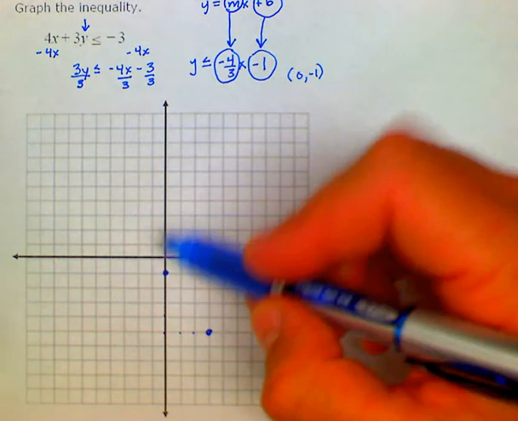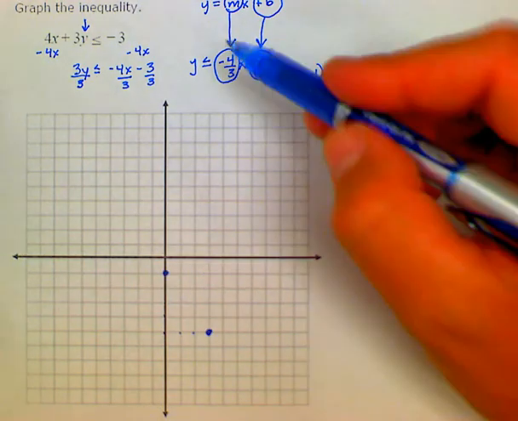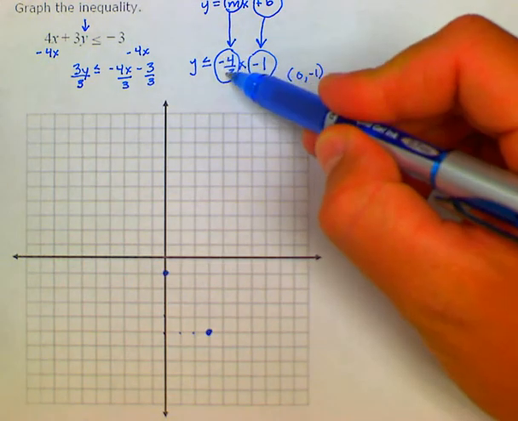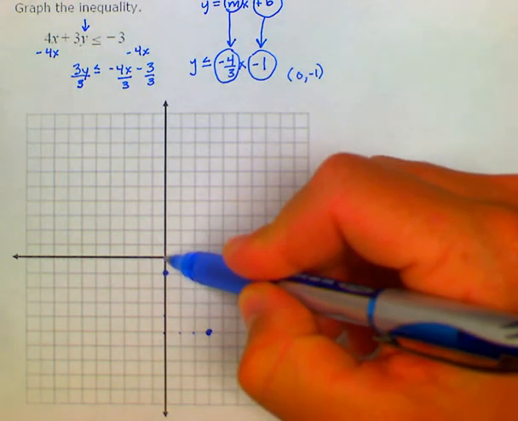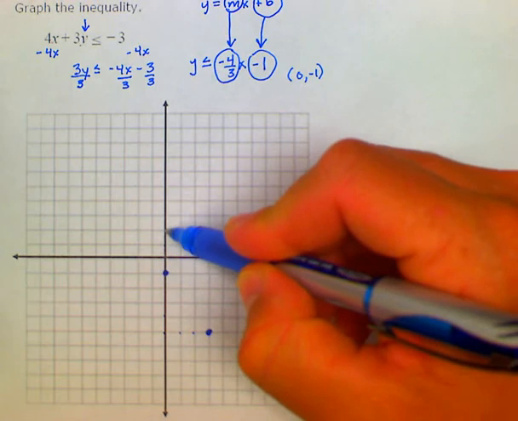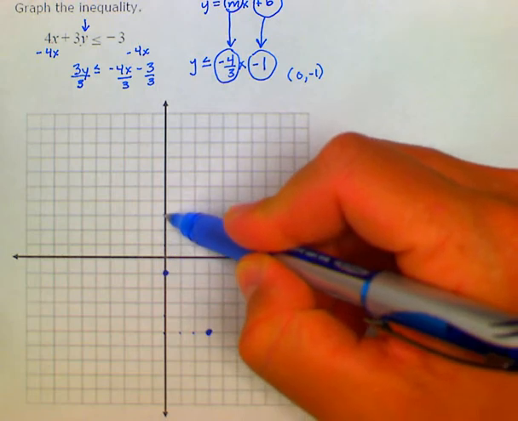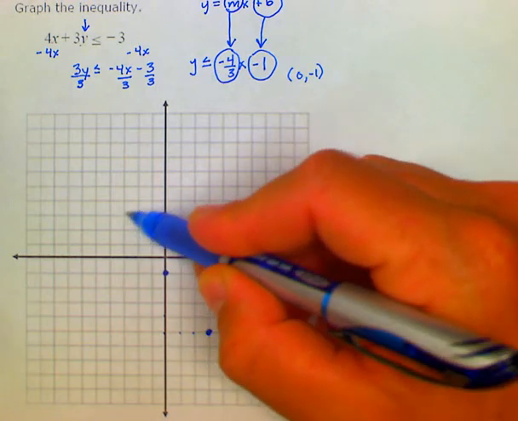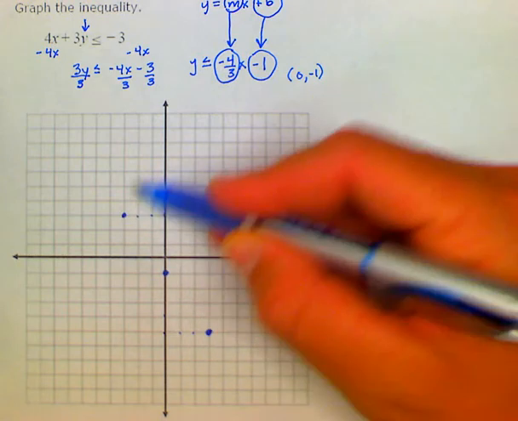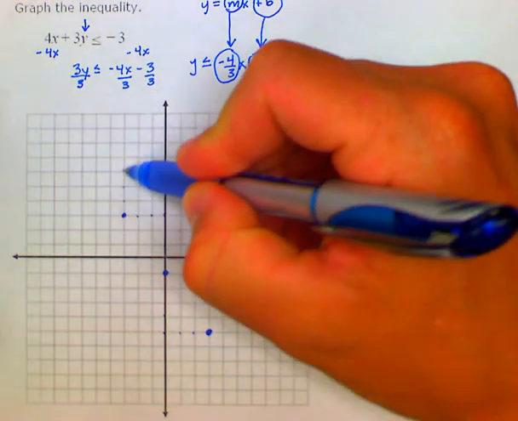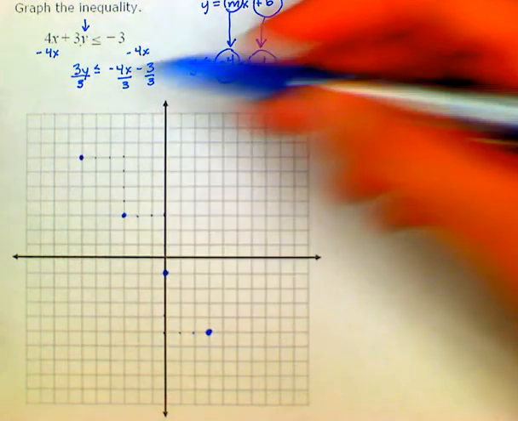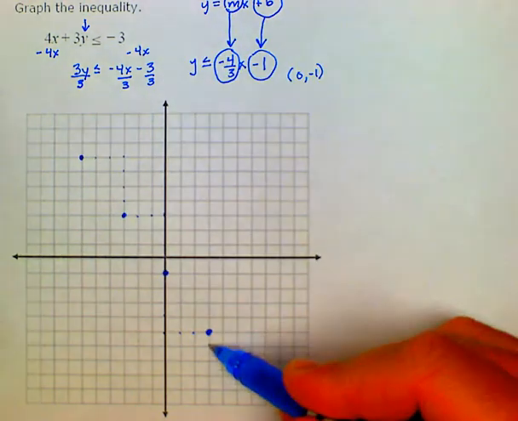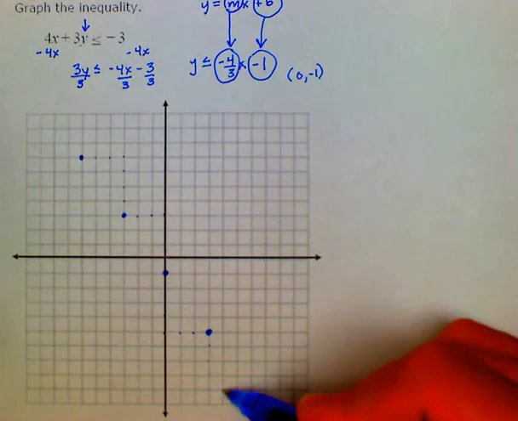We can also apply this negative sign to the change in x and go up 4, 1, 2, 3, 4, and negative 3 to the left. And continue to do that pattern. Down 1, 2, 3, 4, over 1, 2, 3.